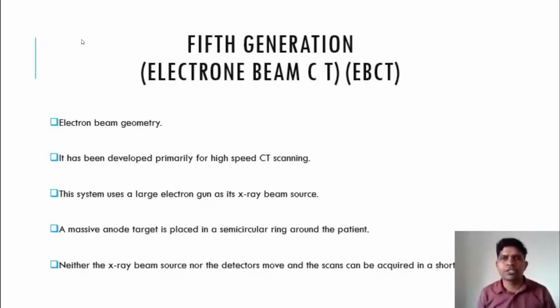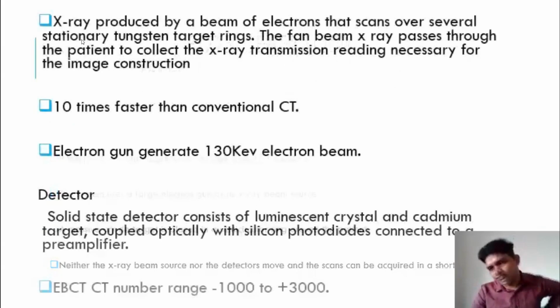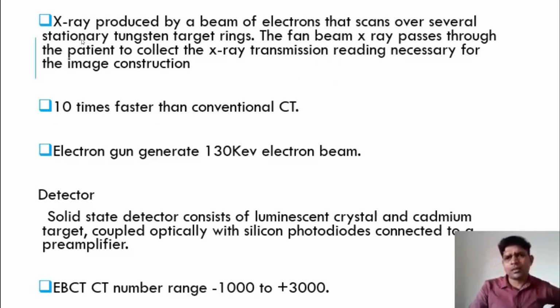Then the fifth generation came, also called EBCT, electron beam CT, where an electron beam is used to create the X-ray. It is 10 times faster than all the other conventional generations of CT, where an electron gun generated a 130 keV electron beam.